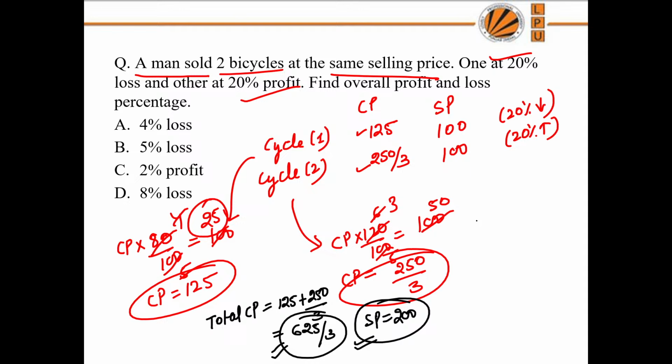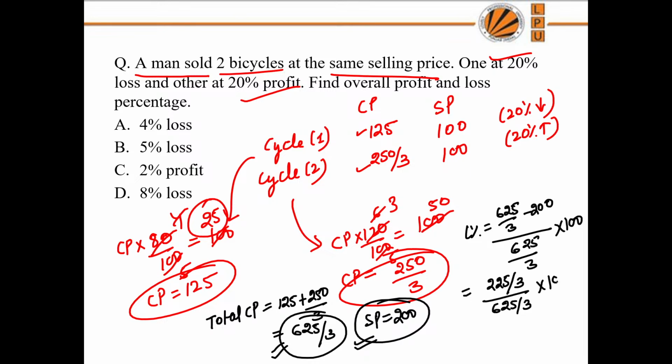So let's calculate loss percent. So loss percent would be how much? 625 divided by 3 minus 200, and divide by cost price, which is 625 by 3, and multiplied by 100. So when you solve it, it is 225 by 3 divided by 625 by 3 multiplied by 100.